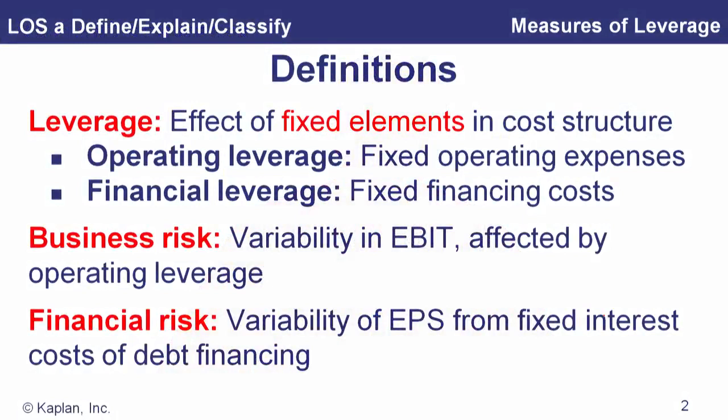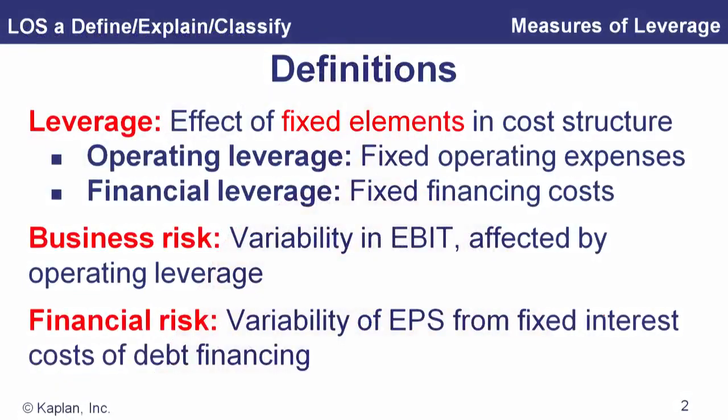When we use the term business risk, we're really talking about the variability in EBIT, earnings before interest and taxes, which we often use as our proxy for operating earnings. And this is affected by operating leverage, the fixed costs in our cost structure.